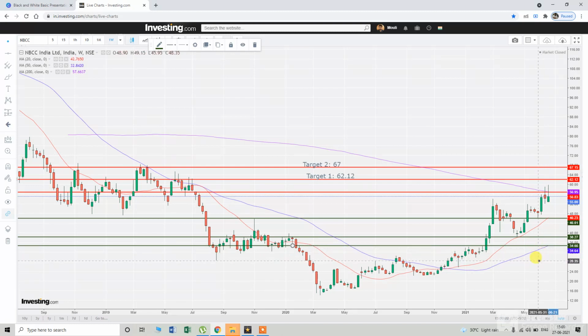I told you a few minutes back, please don't ignore moving averages, because they help us to spot out support and resistance. They act as a good support and good resistance for the stock. So never ignore moving averages. So this means we have done the resistance and support lines.